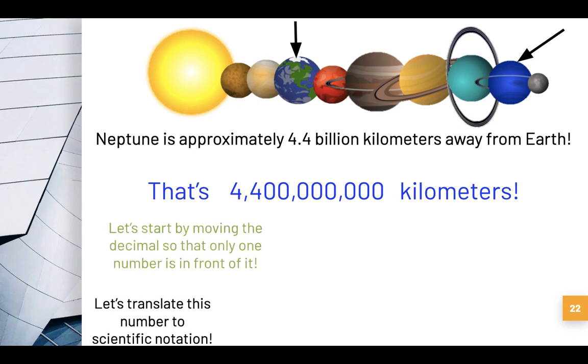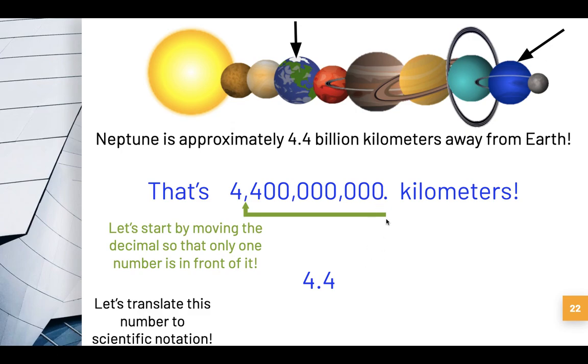Let's start by moving our decimal so that only one number is in the front. We're going to move our decimal out here, keep going. It's going to land right here, where there's only one digit that's not a 0 in front of our decimal. So we're going to say 4.4, and we're going to drop all the zeros behind it.